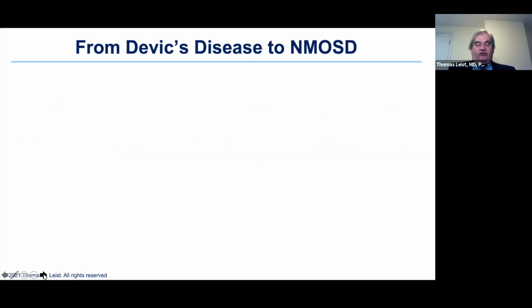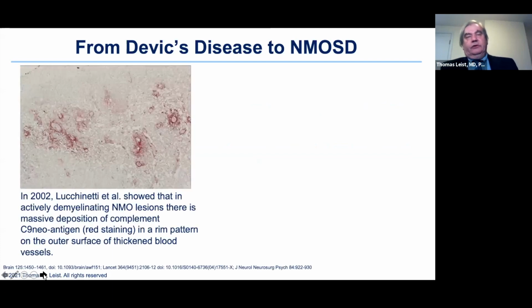So what changed the world after about 110 years of looking at neuromyelitis optica as part of multiple sclerosis? Researchers at the Mayo Clinic and others too were looking at lesions, at pathology specimens from NMO patients.